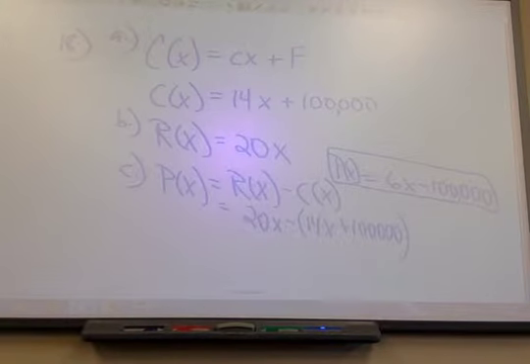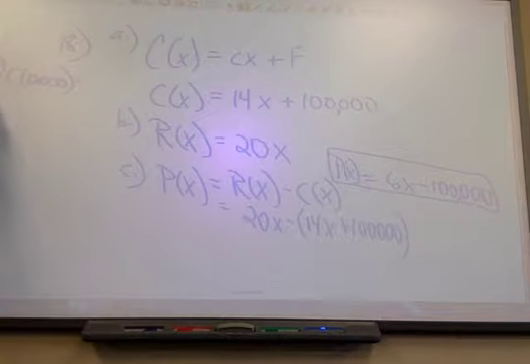In part D, I won't make you do both parts, but it says compute the profit or loss corresponding to production levels of 12,000 and 20,000 units. Well, just try 12,000. What is the cost for 12,000 units?